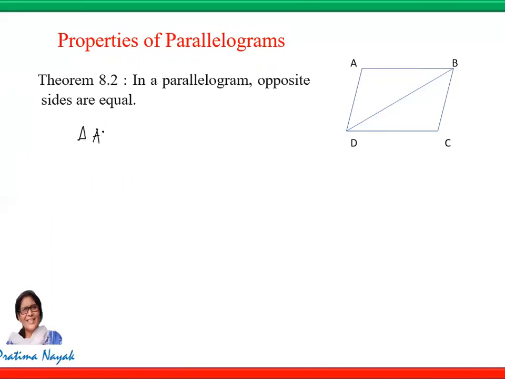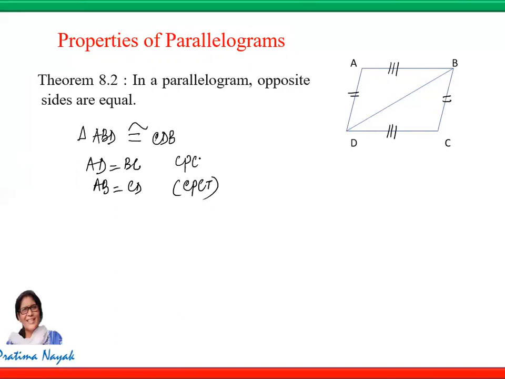Triangle ABD is congruent to triangle CDB. So when two triangles are congruent, their sides are equal. So AD is equal to BC, corresponding side, and AB is equal to CD. Proved. What is the logic? CPCT. What is CPCT? Corresponding parts of congruent triangles.